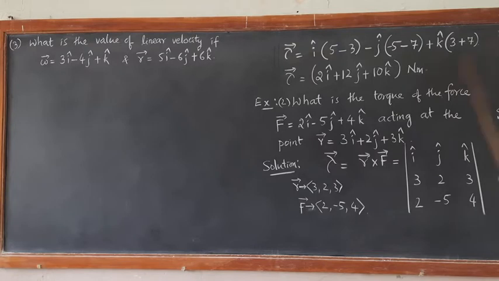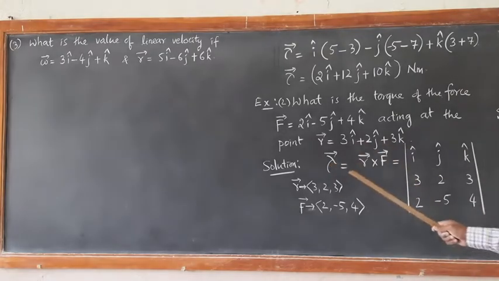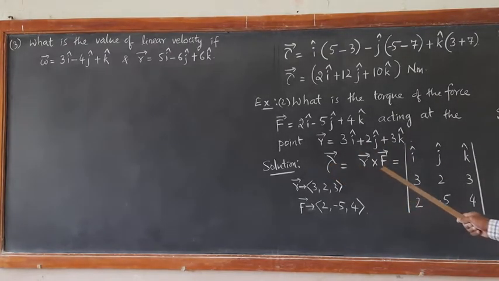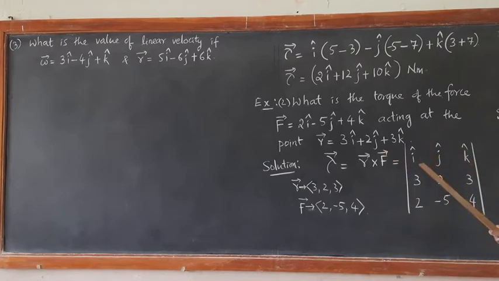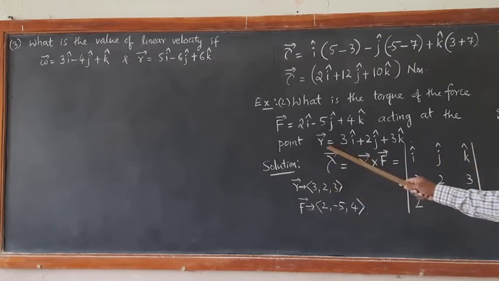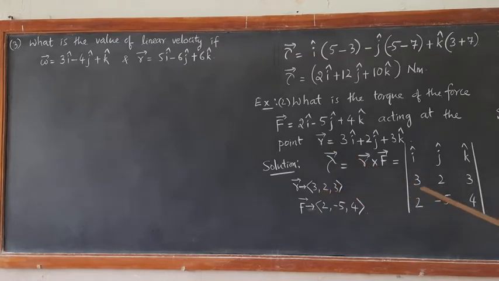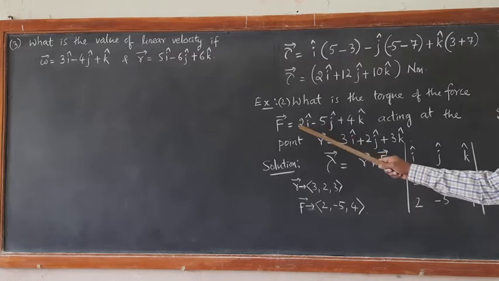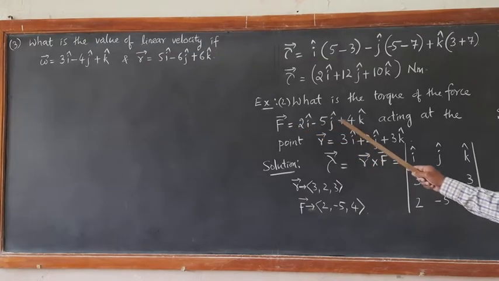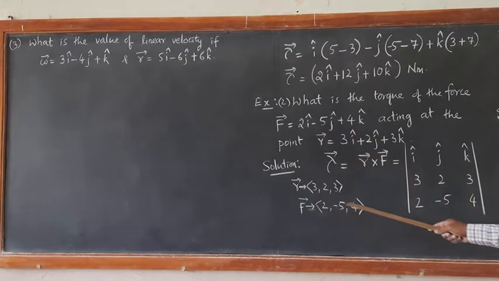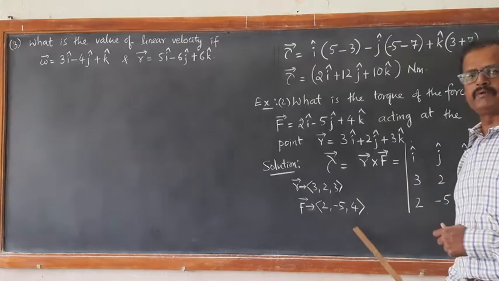So similar problem. I have written the form tau vector equal to r cross F, with the determinant i, j, k, using the components of r vector first, 3, 2, 3, then the components of F vector, 2, minus 5, plus 4. I think you can solve this problem. I am leaving it to you.